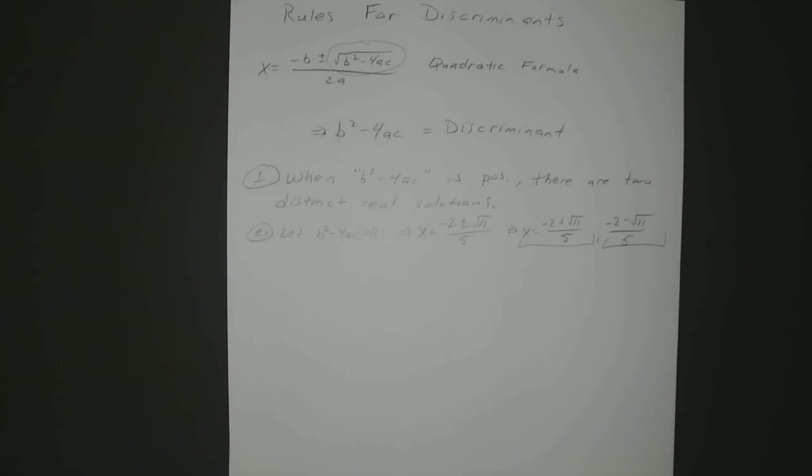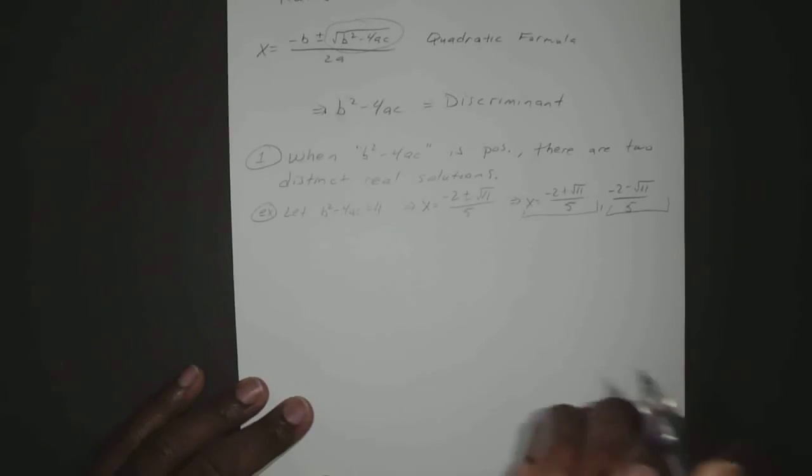Okay, so let's say if our b squared minus 4ac is less than 0, it's negative. We plugged in all those values and came out with a negative number.